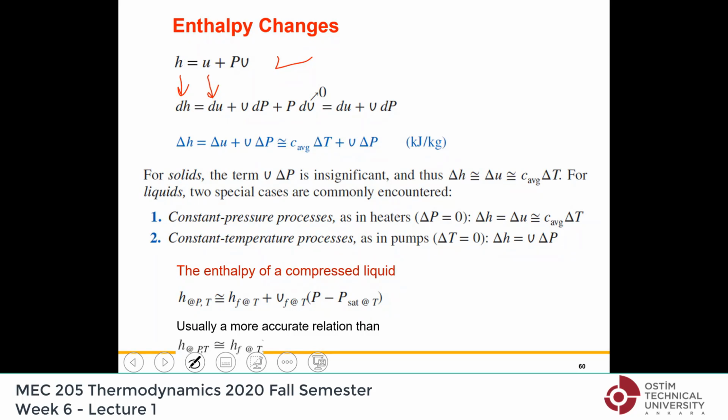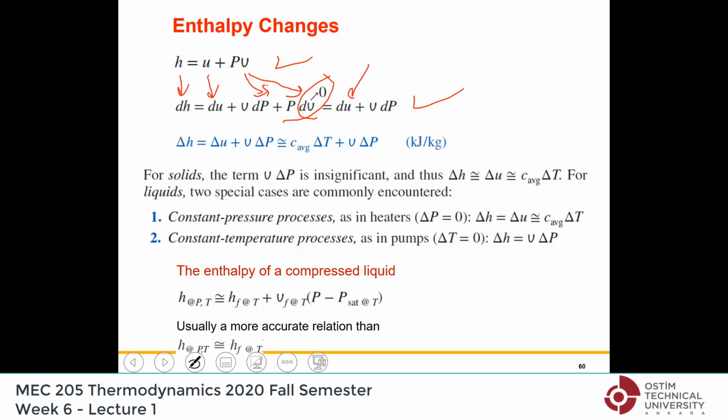So it is the differential of one times the other, and then you continue. So it is VdP plus PdV right here. Okay. But for incompressible substances, no change in volume, so it is 0. That means this term is 0. So we have this relation, du plus VdP for dH.